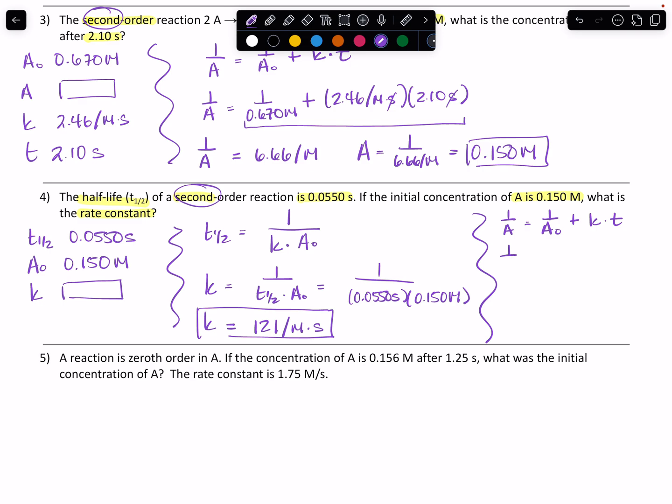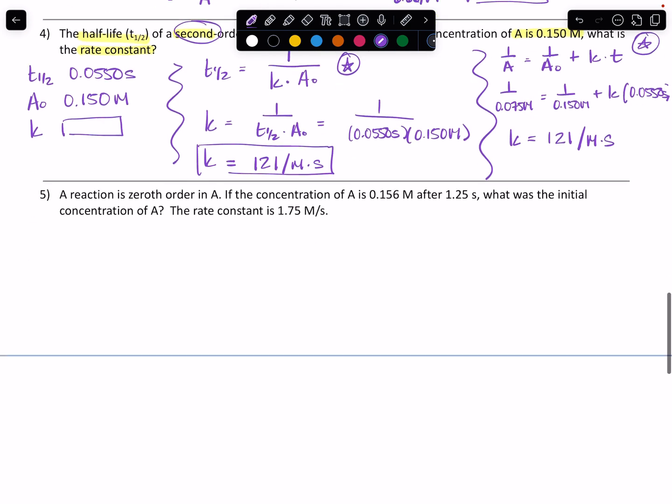If I take half of that initial amount, which is 0.075 molar, equal to 1 over 0.15 molar plus K times the 0.0550 seconds, because that is the time it needs to go from 0.15 to 0.075 in terms of concentration. If we do our math correctly, we should end up with a K value of 121 per molar second. So you can see either way is going to work. This half-life formula is not on the reference sheet, so knowing how to do it this way is not a bad idea.